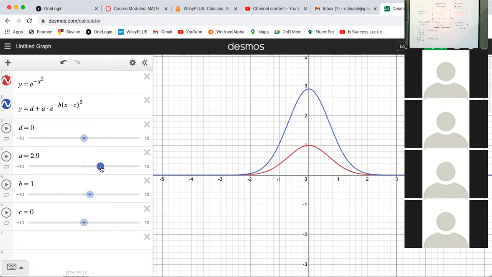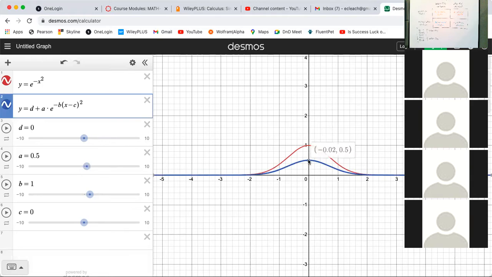I can stretch it up further to 0, 3 if I multiply by 3. So multiplying by 3 after the function will produce a vertical stretch. I can also produce a vertical shrink if I multiply by less than 1. If I multiply by 0.5, that moves the maximum down to 0.5, but it still happens at 0.